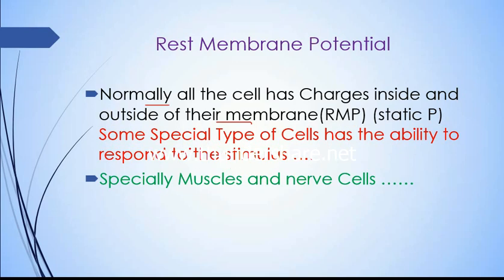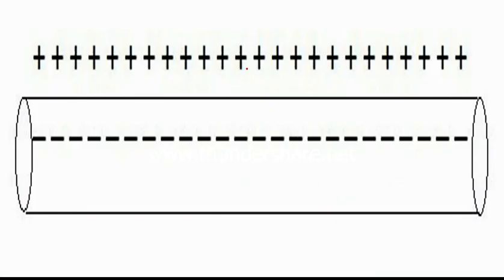All the cells, as I told, have these charges, but some special types of cells have the ability to respond to the stimulus. These are especially muscle cells and nerve cells.